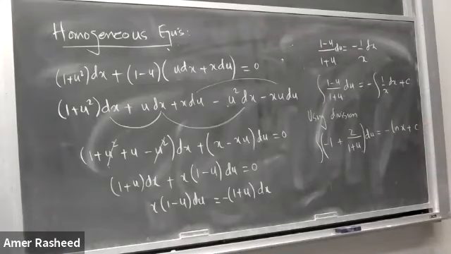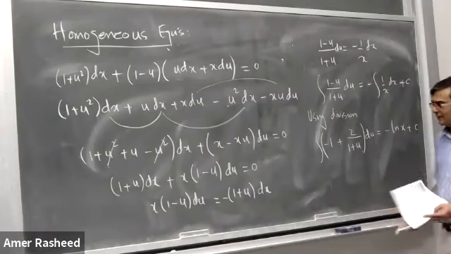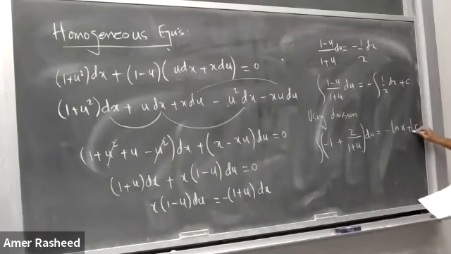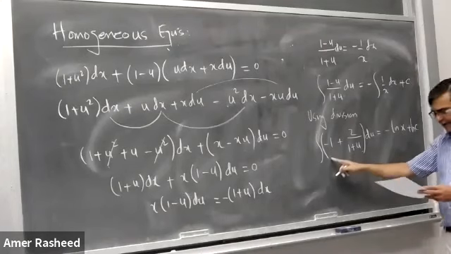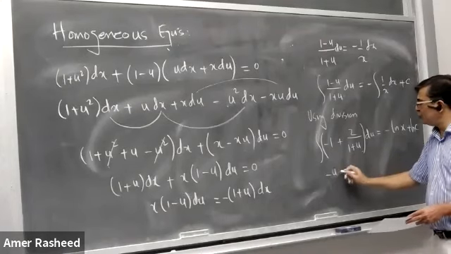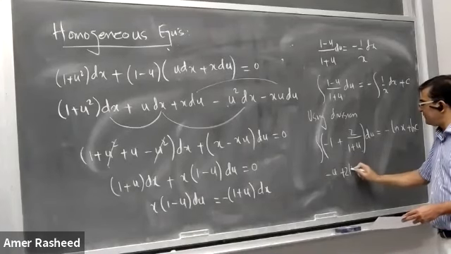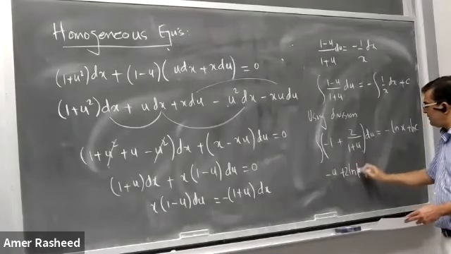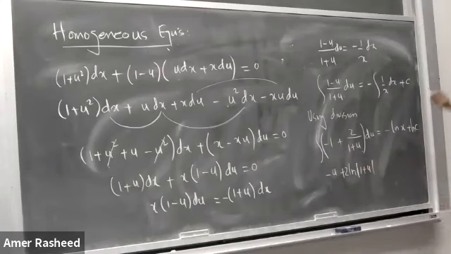Sometimes, in order to simplify our calculations, I can write the constant as log c as well. I hope you know these things. So the integral of this thing is now negative u plus 2 times natural log of 1 plus u.